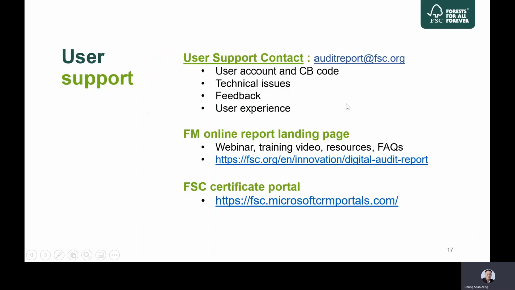And if you have any questions, you want user support, for example, you want to activate new accounts for CB administrative staff, or we need to set up the CB code or reset the CB code, or when you have technical issues, you couldn't get through the validation or upload data, please contact auditreport@fsc.org. And we are also very happy to hear your feedback regarding your user experience, and every software will be upgraded from time to time, and any kind of improvement is welcome.